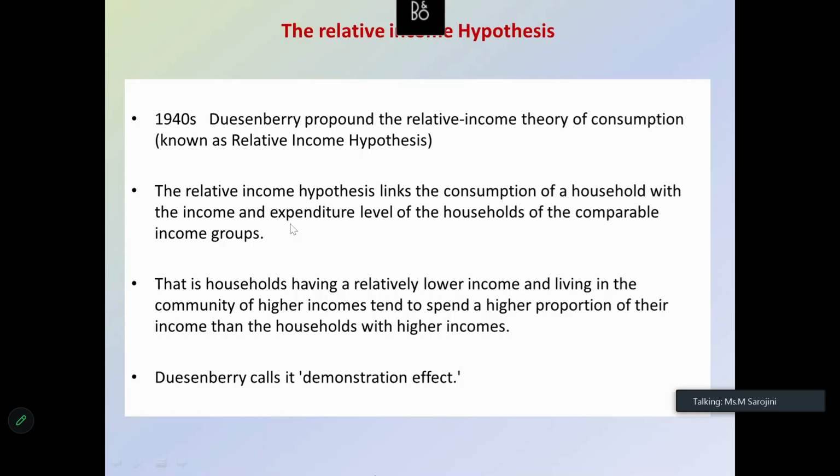Again, listen. Households having relatively lower income, and living in the community of higher incomes, lower income people living with the higher income group of people, tend to spend a higher proportion of their income than the households with higher income.